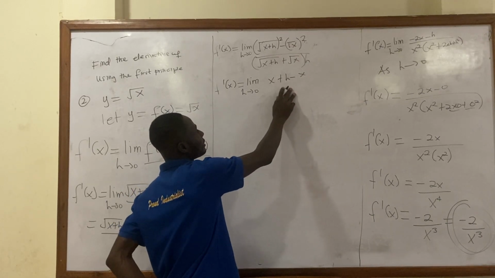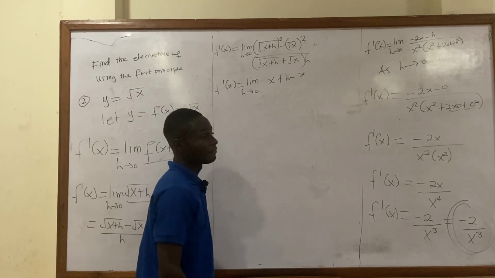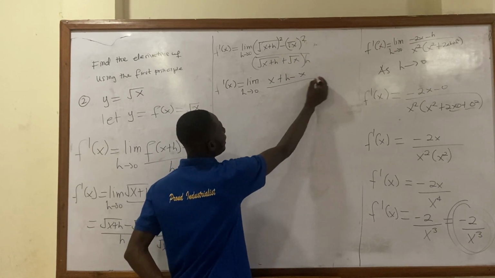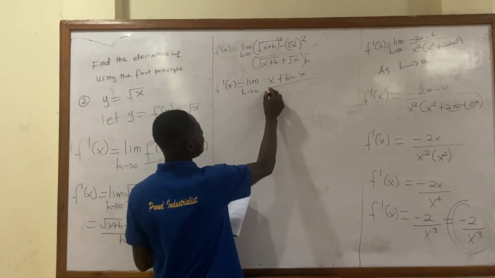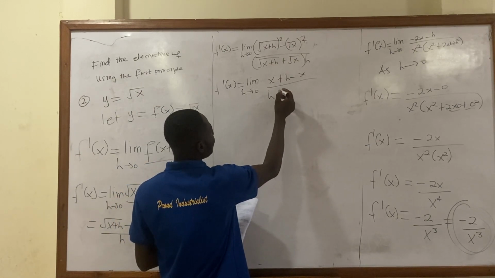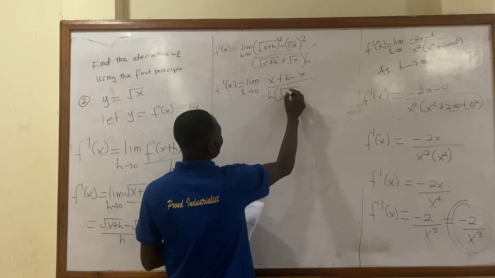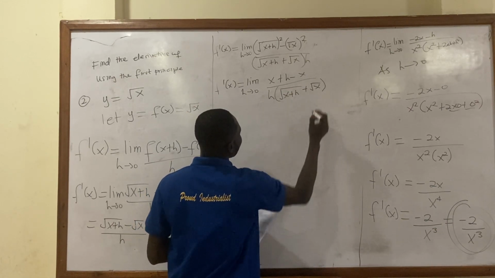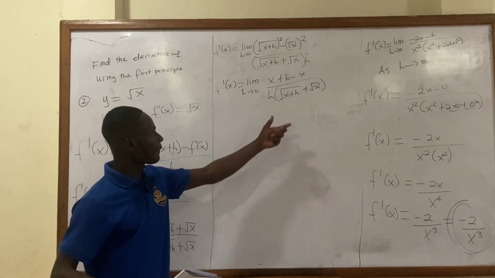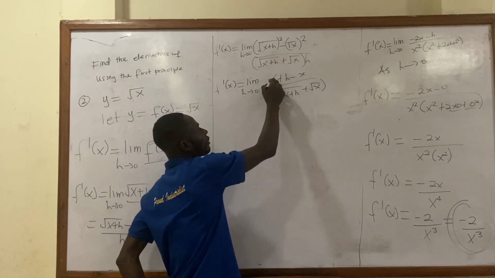So I have x plus h minus x. Very, very simple. So from here, we maintain this, we have root of x plus h plus root of x, all right? So from here, this will take off this.